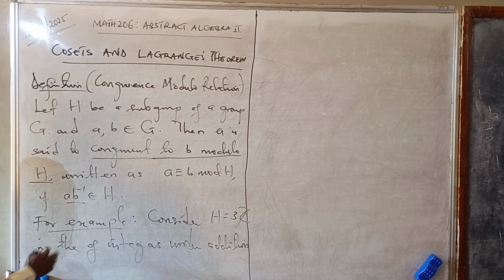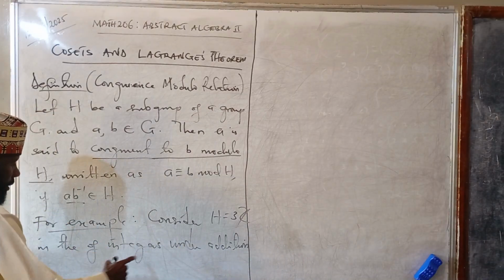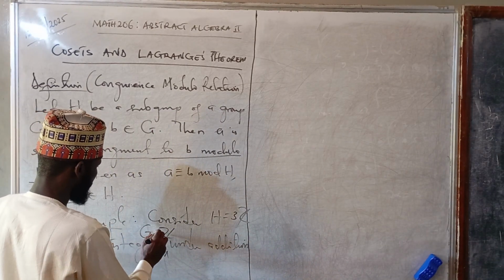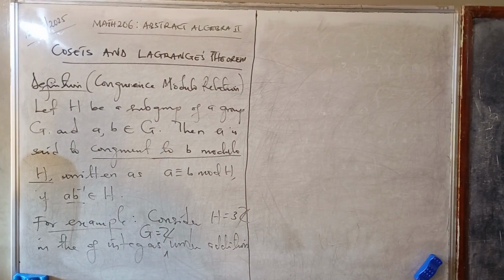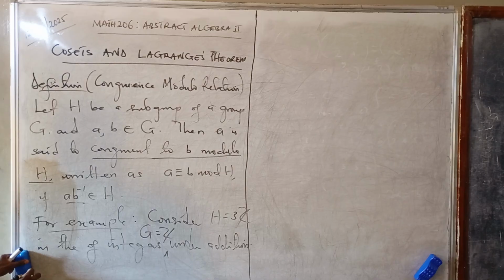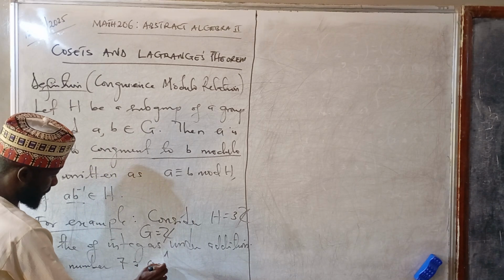So if you look at this now, in the group of integers Z under addition, this is my group G. You can now see that the integer 7 is congruent to what?